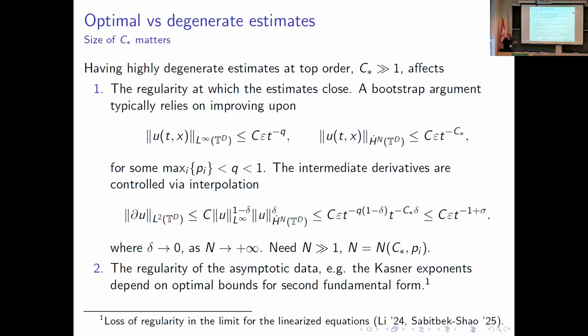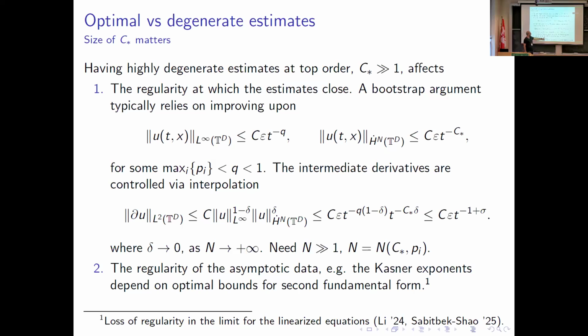All right. And now this affects, let's say, the regularity of the asymptotic data. In what Hans talked about, in order to get this convergence and the geometric data at the singularity, you need optimal bounds on this expansion normalized Weingarten map, which is a renormalized second fundamental form.